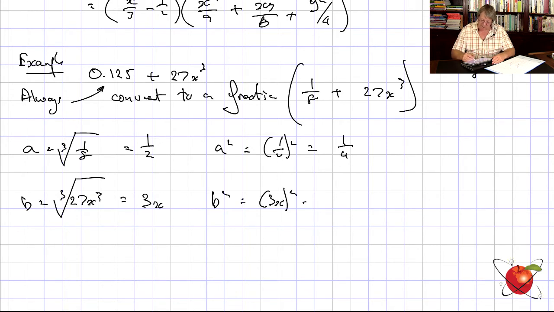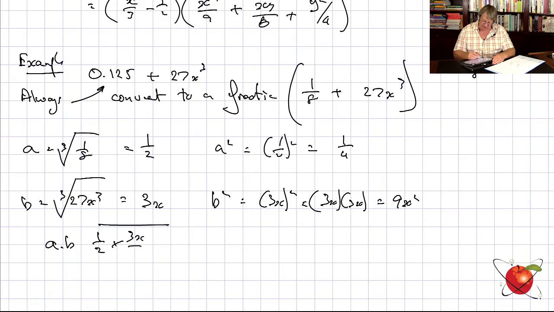Remember, that is 3x times 3x, which is 9x squared, right? Then we move along and say next one. Next one is a times b, is a half times 3x over 1, which is going to be 3x over 2.